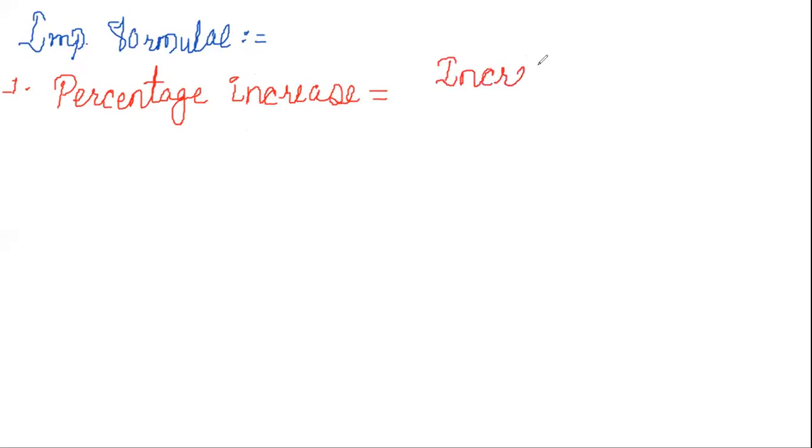So first, percentage increase. Just we have seen how we can convert fraction into percent and percent into fraction. Okay. Now, percentage increase can be calculated with the formula: increase in the object divided by original value into 100.